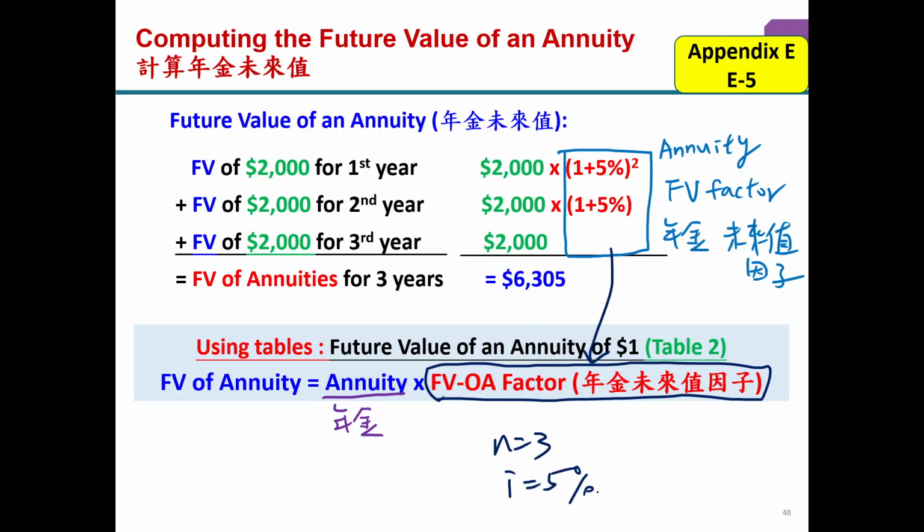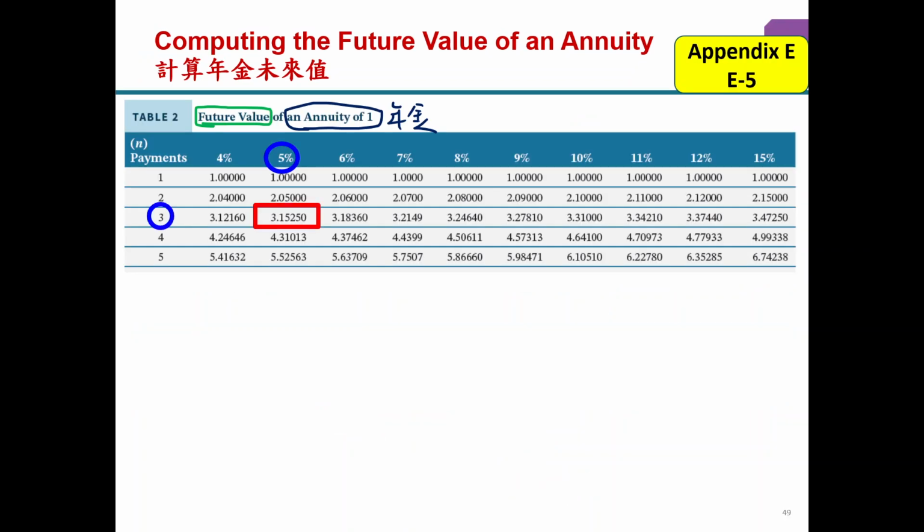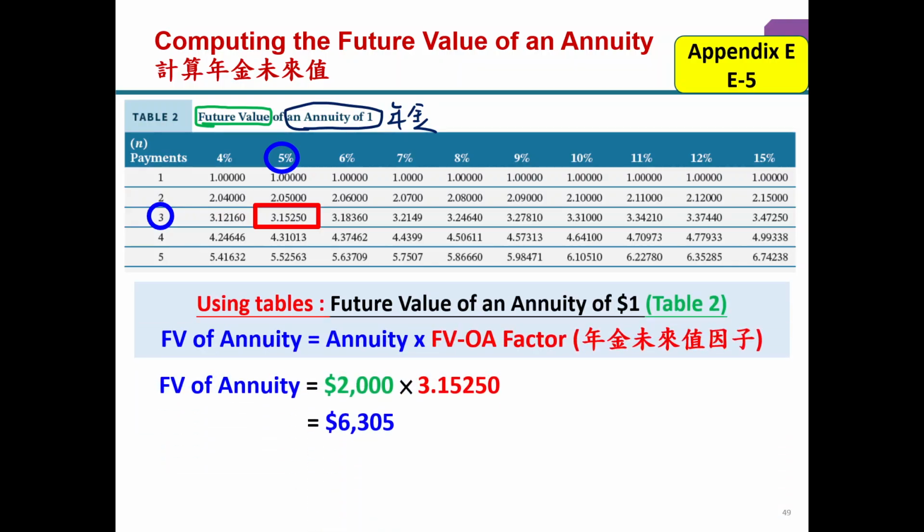Okay, and look at the table, then I can find out my annuity future value. So N is 3, I is 5%. I find the annuity's future value factor, 年金未来值因子. So I just use that number to get the future value. Okay? Any questions? No? Then how about the present value?